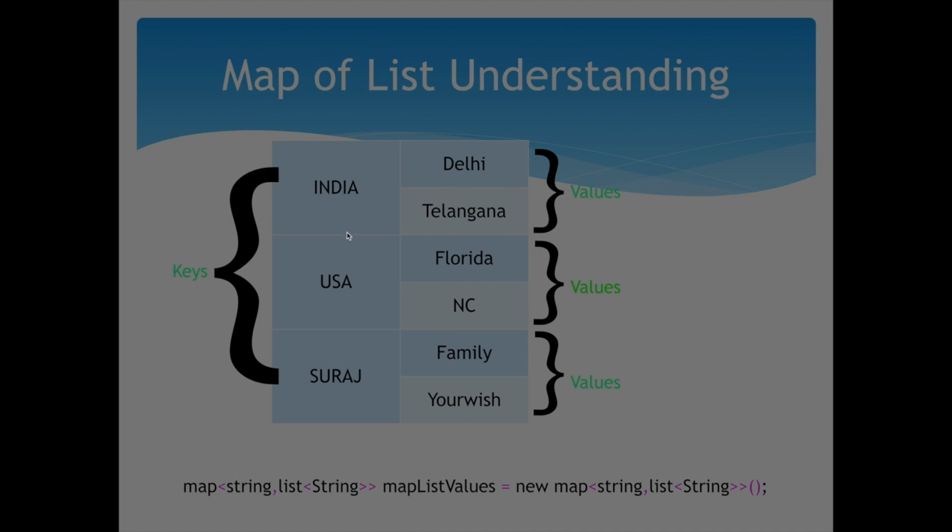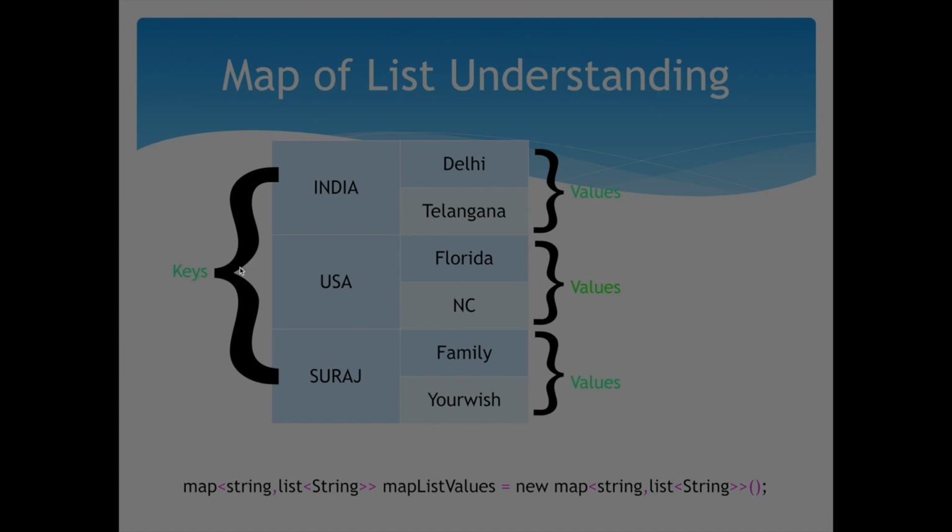If you look at my example here, I have taken three keys: India, USA, and of course my name. One key is going to have multiple values here. If you see the first two keys are the country names, and one country is going to have multiple states.